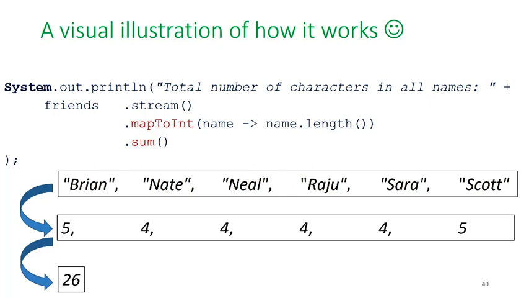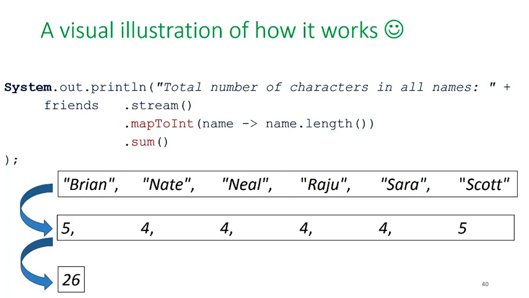Yeah, you had a question? Right now, I have a list of friends. If I have a list of integers, which already tells me the character count, can I do friends.stream.sum directly without mapping? So the question is, can I do friends.stream.sum?